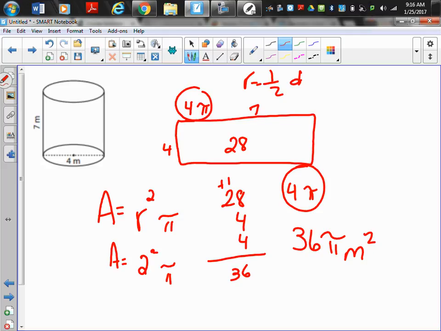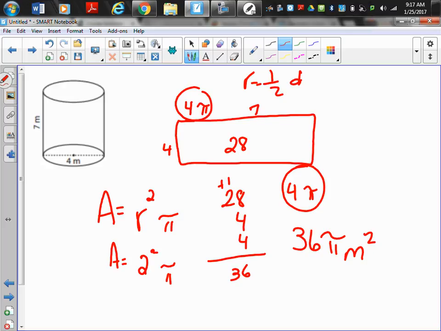Now, it will also tell you, do it to the nearest 2 decimal places, 100th place. So at that time, you're going to punch in 36 times 3.14. So what is 36 times 3.14? Miss Allen.